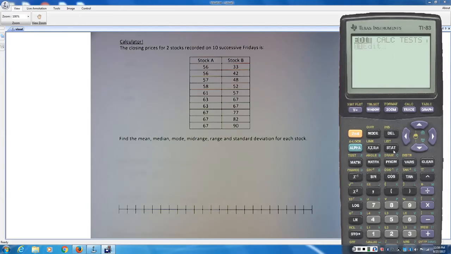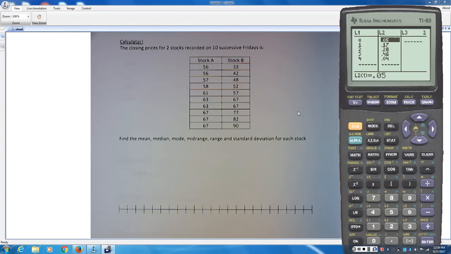So what we're going to do is go into the calculator, go to the edit screen, and in list 1, we're going to enter stock A. And then after you've entered them in, scroll back up and make sure that you've entered all of them in correctly.